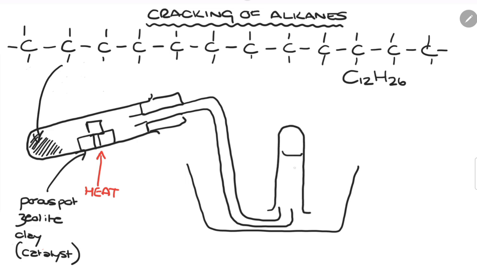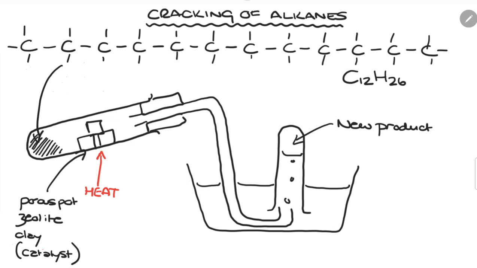We'll put that into a smaller test tube filled with water, as you would do from thermal decomposition experiments lower down, and we would collect that gas. And in here we would have a new product.